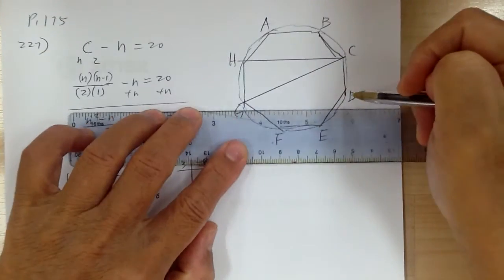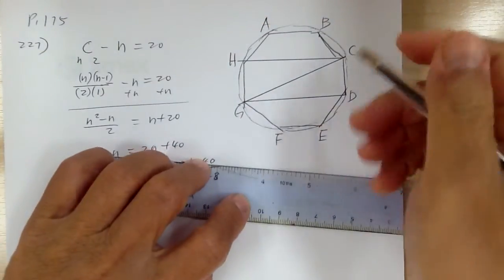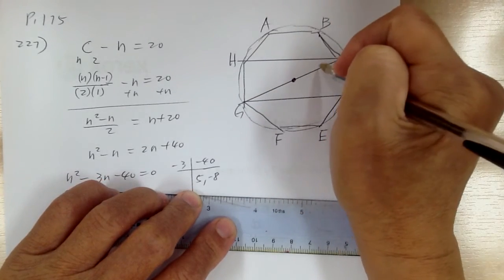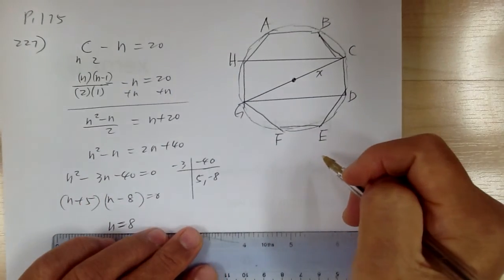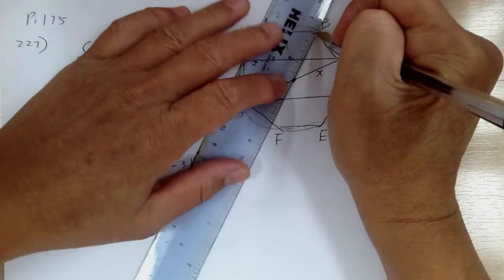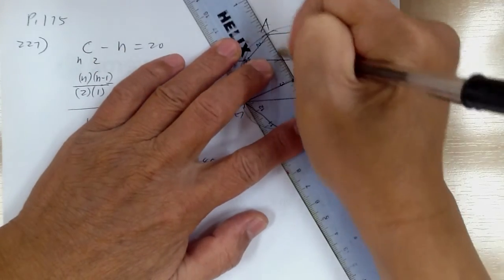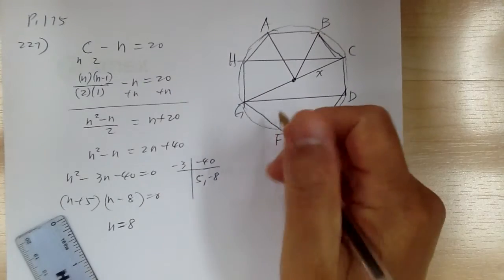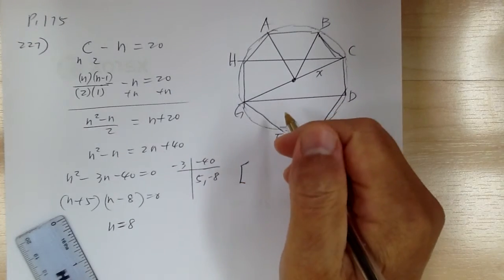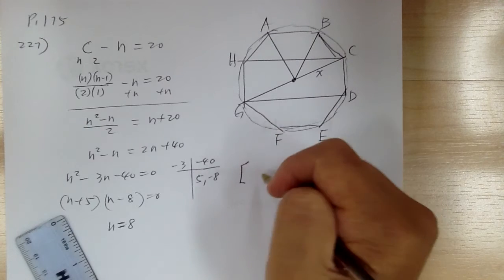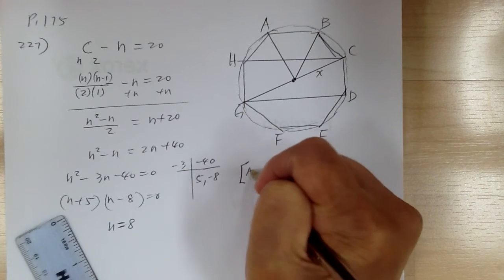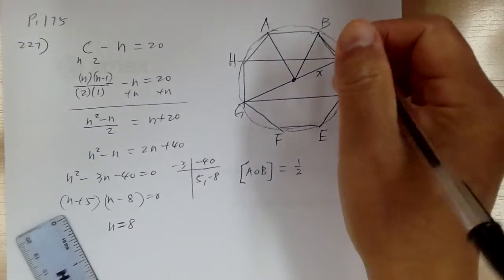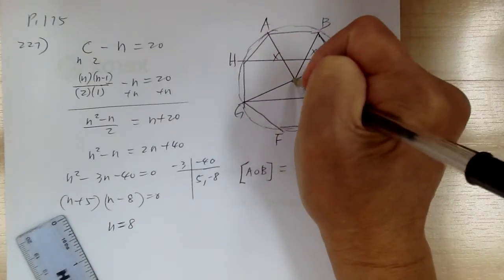Okay, so let's draw. Let's call the radius X. And we can also draw this over here. So the area of AOB is equal to 1/2, and all of these will be x, since those are radii.